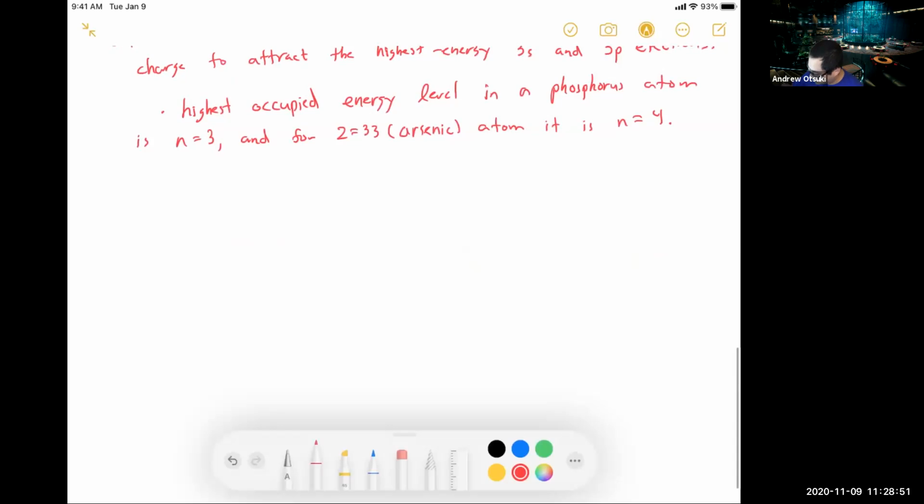So let's talk about our next topic, which is another trend, and that is called the first ionization energy.